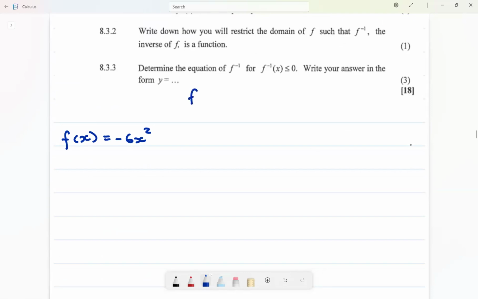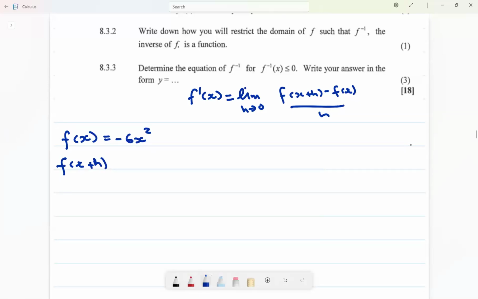Remember, I will use this formula at the end: limit as h approaches 0 of f of x plus h minus f of x, divided by h. So what I can automatically get is f of x plus h. This is what I like to do and tell my students to do so that their mathematics becomes easier. So I have negative 6 into x plus h.